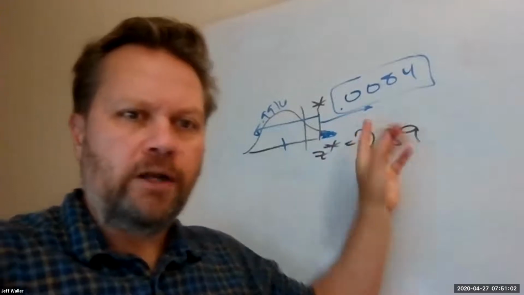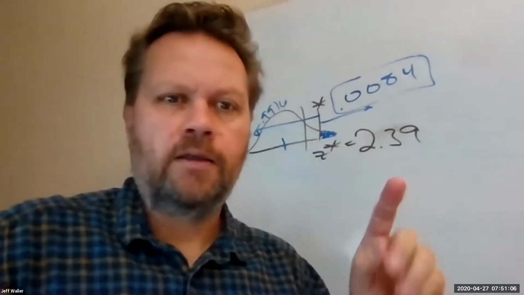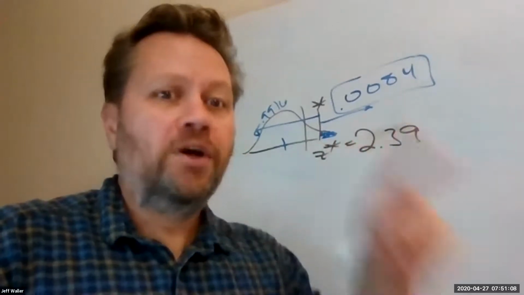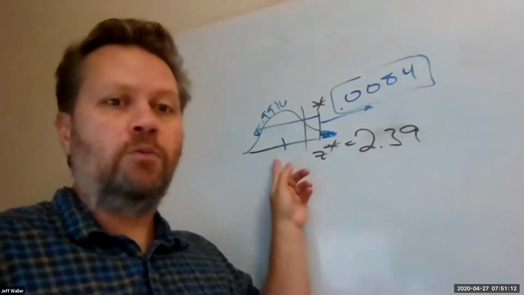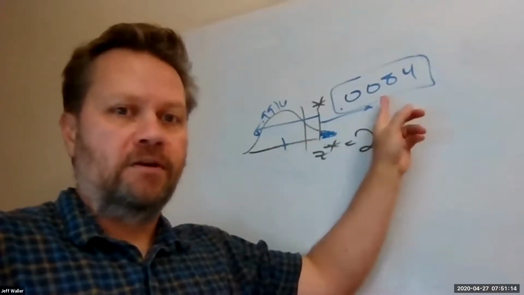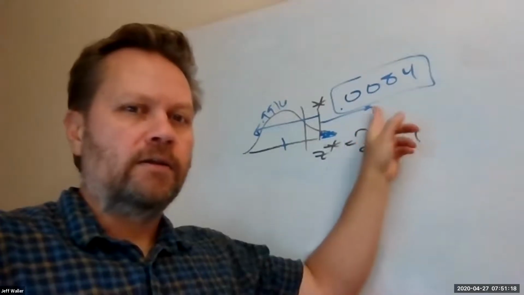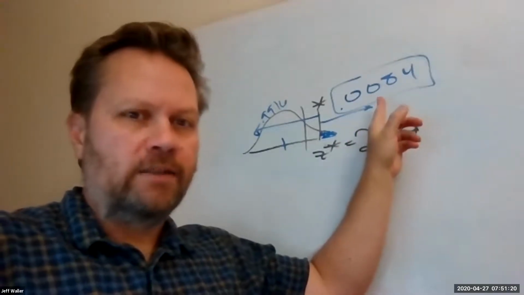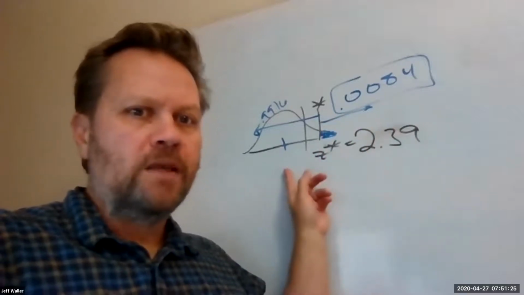Another way to interpret it is the probability that you would get a sample where you did if the mean was correct.